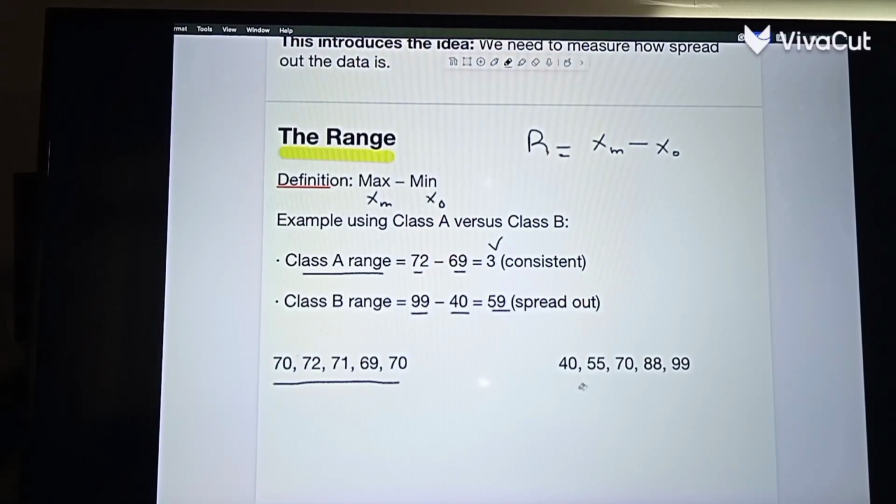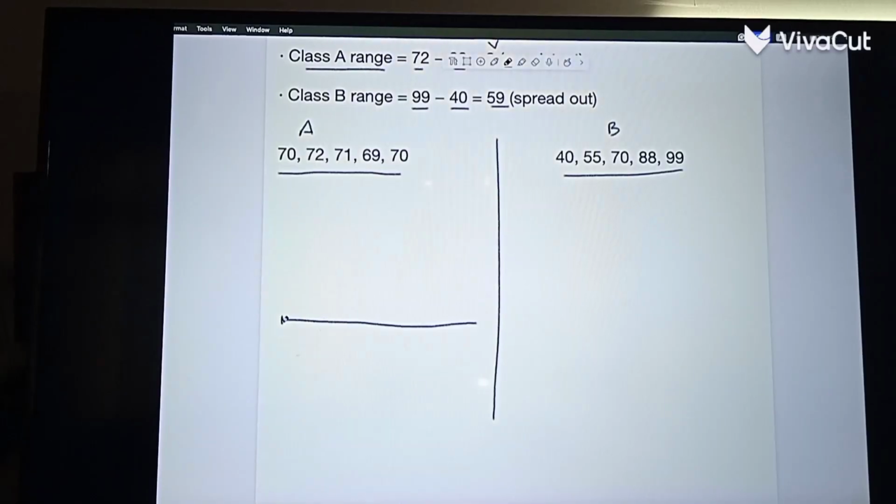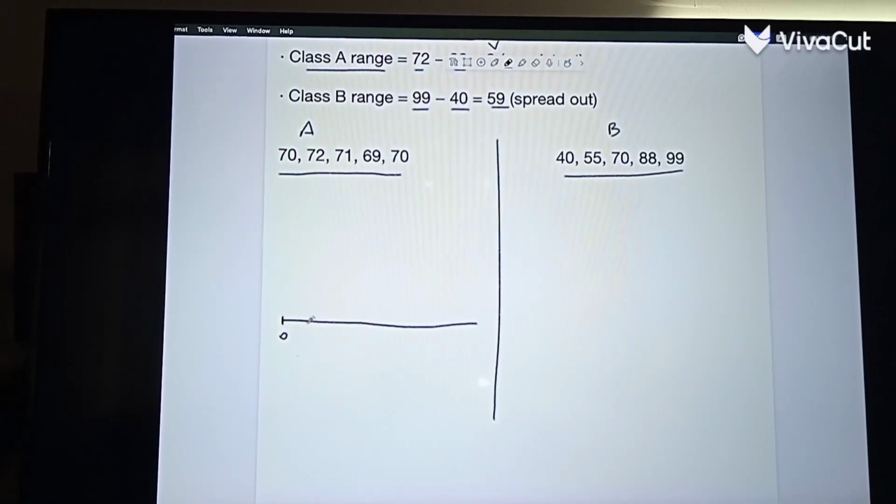So this is the first data set, this is the second data set. This is for class A and this is for class B. Okay, start from 0, suppose, and take differences of 20.